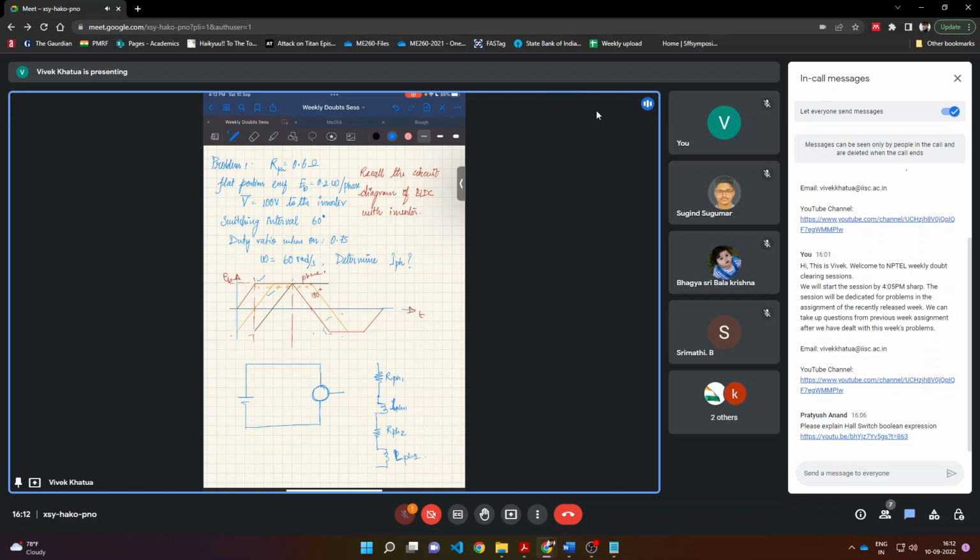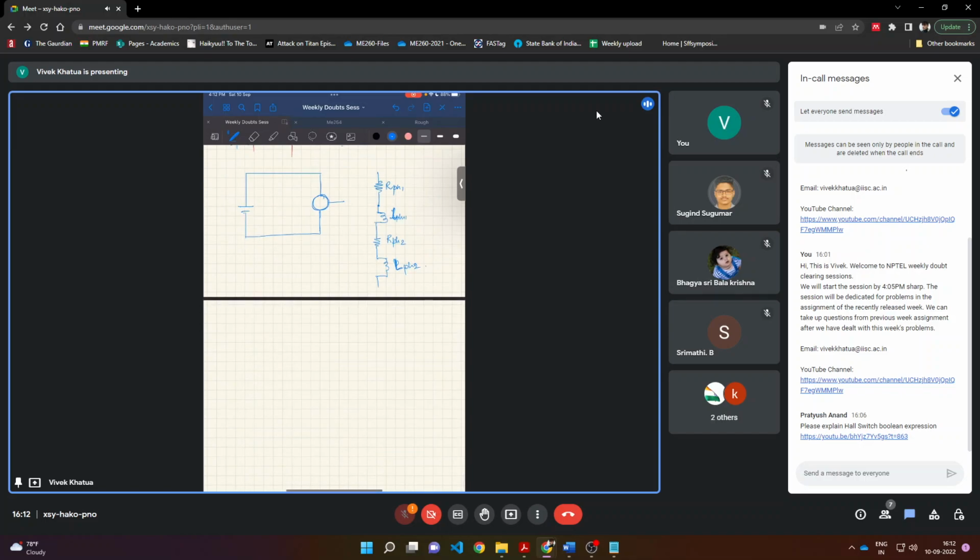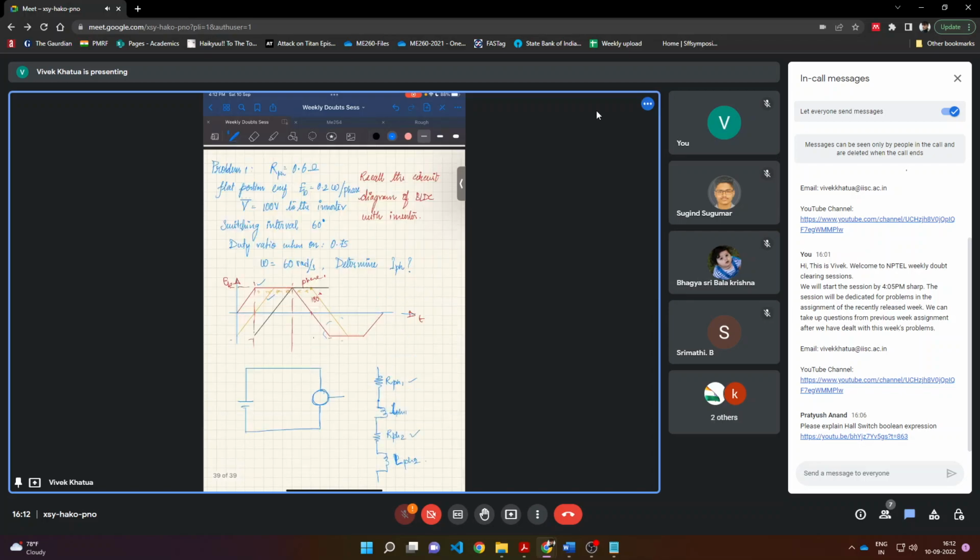So we'll have something like this. Here you can see that during that flat region, we'll have the resistance of both the phases in series.